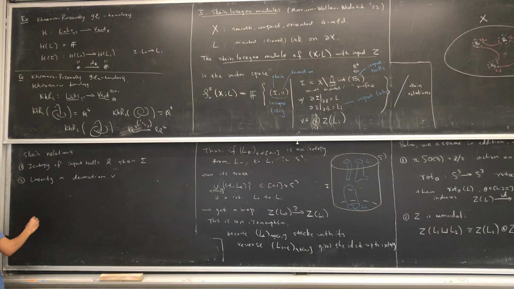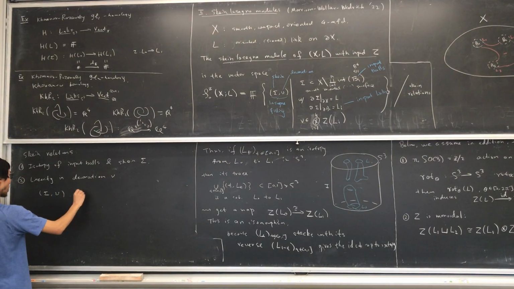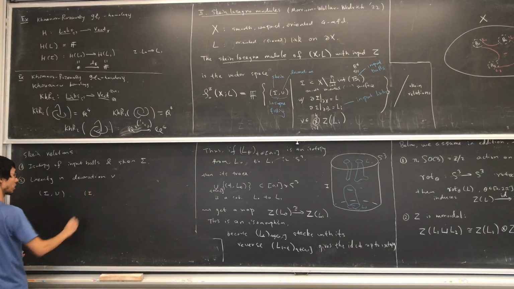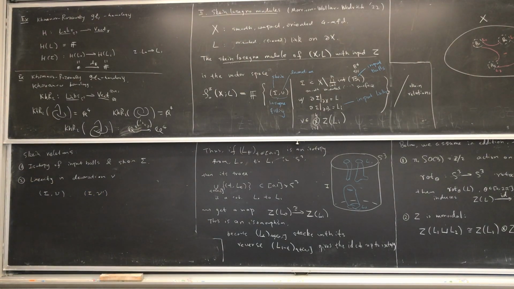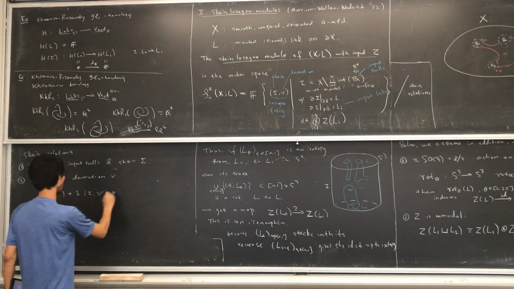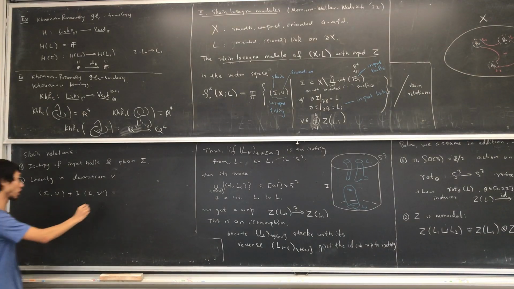Which means that if I have a lasagna filling sigma V, and I have another lasagna filling with the same skein sigma, but with probably another label V prime, then I can add them up in a linear way in my labels.